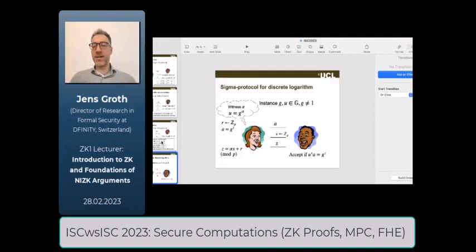I have some constructions of zero-knowledge proofs for mixnets, and Douglas has a zero-knowledge proof for mixnets as well. I think they're comparable in efficiency. They are both linear-size proofs. There's sometimes a trade-off between complexity and simplicity, so maybe Douglas's is a bit simpler, and mine is a bit more efficient.